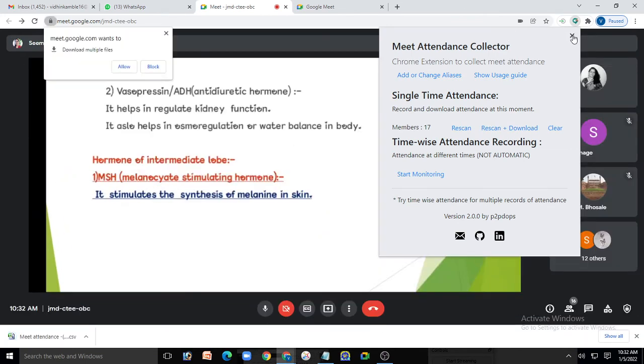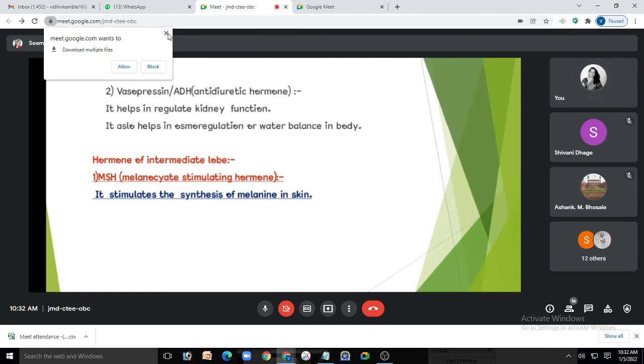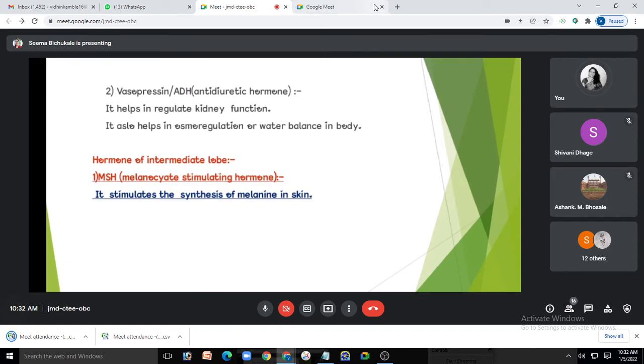Now we see hormones of the intermediate lobe. It produces only one hormone, that is MSH, melanocyte stimulating hormone. It stimulates the synthesis of melanin in skin and is responsible for skin pigmentation.